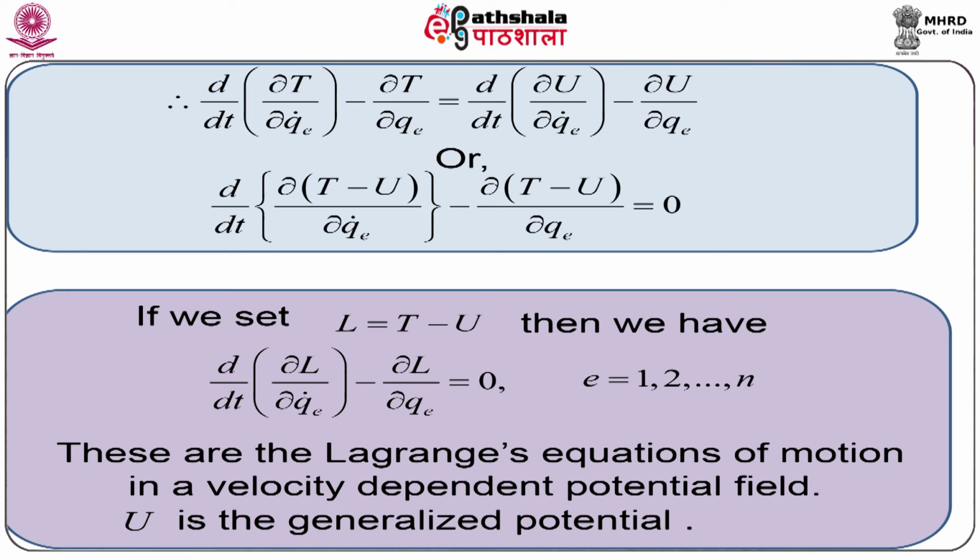These are the Lagrange's equations of motion valid in a velocity dependent potential field. U is the generalized potential, as it depends on generalized coordinate and generalized velocity, so the term generalized is used here.